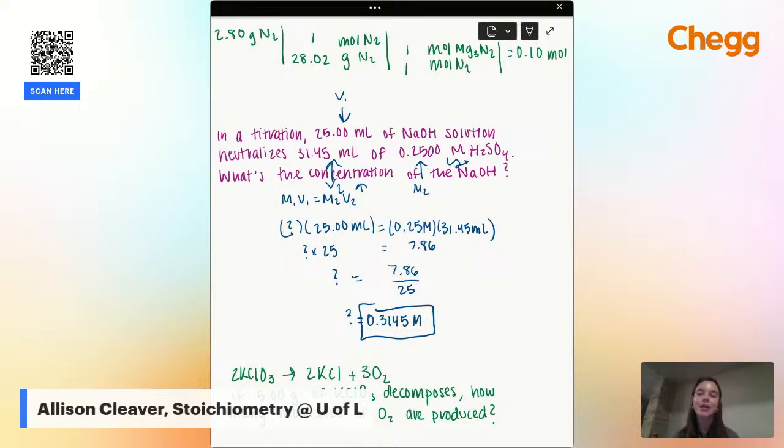If it's not a strong acid and a strong base, you're going to have to do a lot more converting to figure out that molarity. You're going to have to go from moles times your liters to get to moles and then convert to moles of the NaOH. It just gets super confusing. It's not something that I think you guys can't do, but just remember, if you want to solve a titration problem like this, it has to be a strong acid and a strong base, okay?